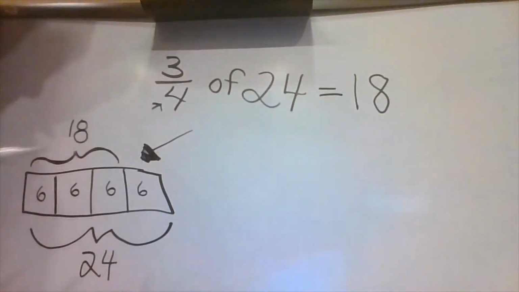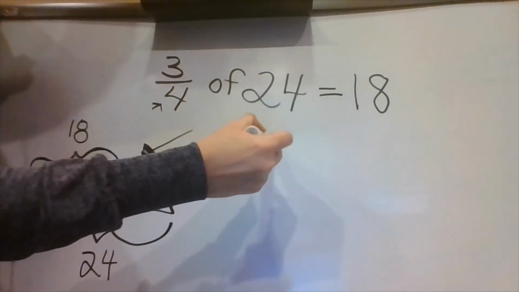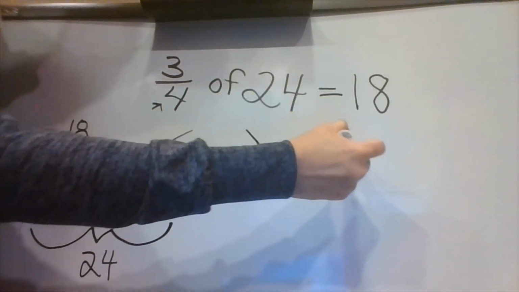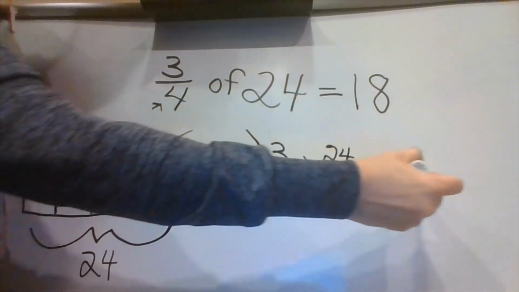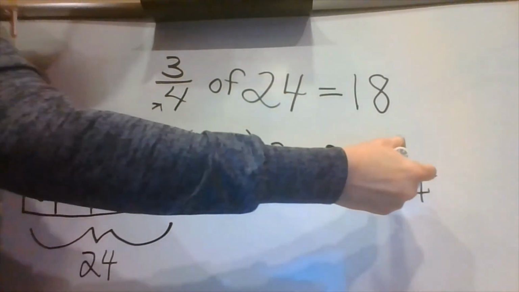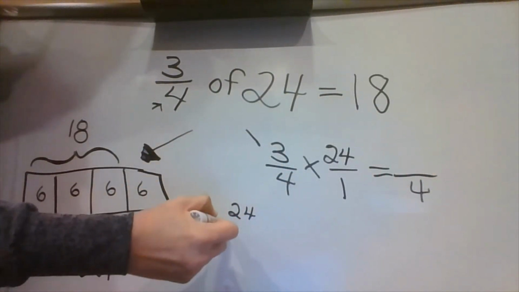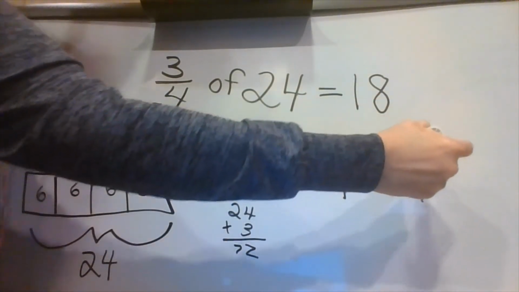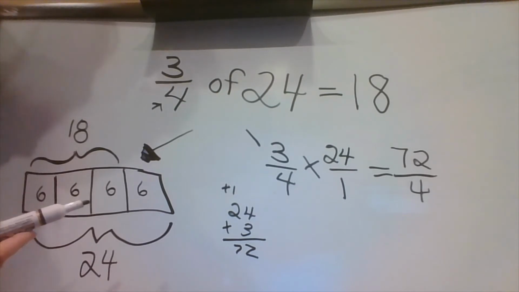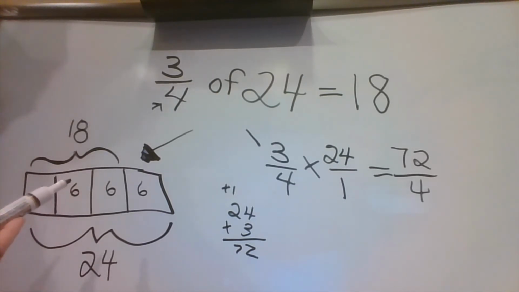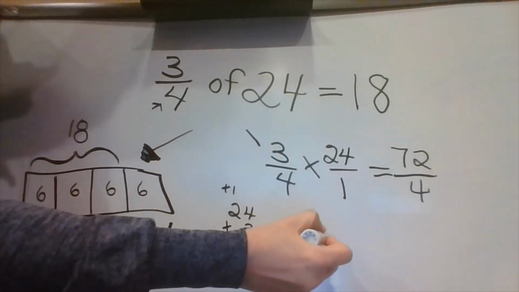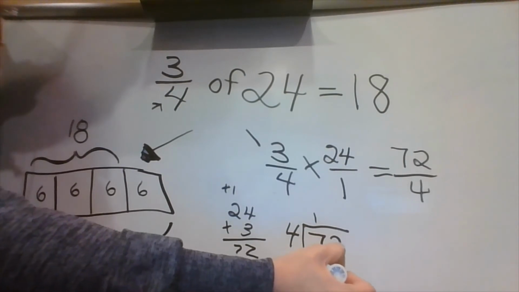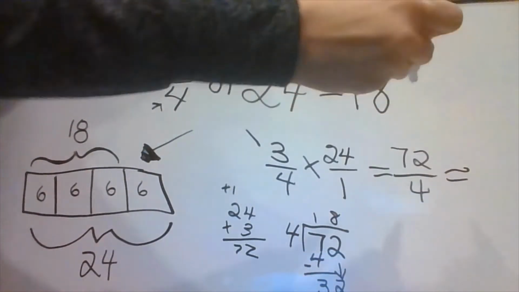Another way to do that, using the strategy I used a minute ago, is by multiplying. 3/4, turn the "of" into a multiplication sign, put the 24, the whole number, over 1, and then multiply. 4 times 1 is 4. 3 times 24, I would do off to the side, and I would get 72. 72/4 is an improper fraction, so to make that a mixed number, we would do 72 divided by 4, and it would be 18.